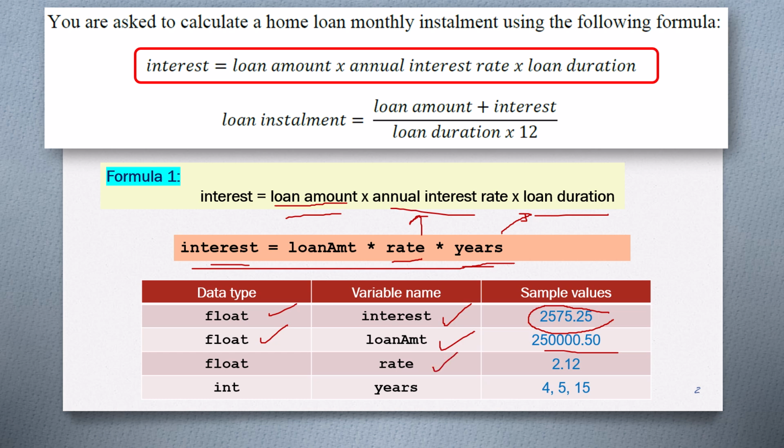Next one, the rate might be, for example, 2.12, so of course of type float. Then years, let us just assume that the loan is in whole years, like 4 years, 10 years, and so on. So in this case, looking at the values, you can determine that the appropriate data type will be integer, right?